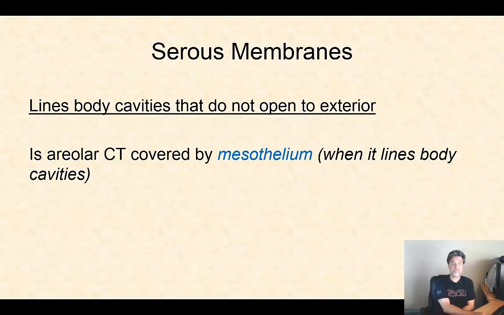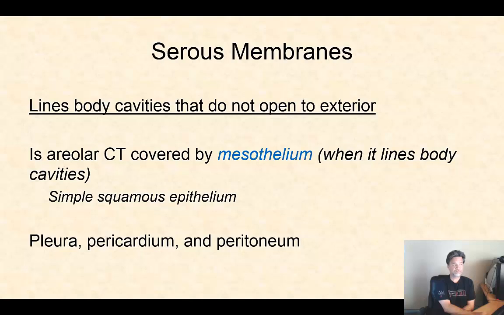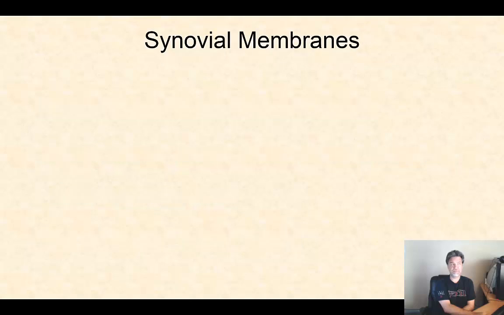This is going to be simple squamous epithelia that overlies the layer of areolar CT, which are of course divided by the basement membrane. So you have the mesothelia, the basement membrane, and then below that the areolar CT. But in this case, we give a special name to the lining of the epithelial tissue. Okay. We've already talked about these three different cavities.